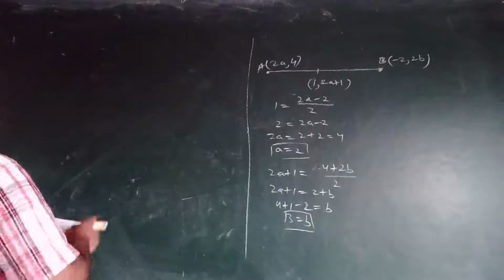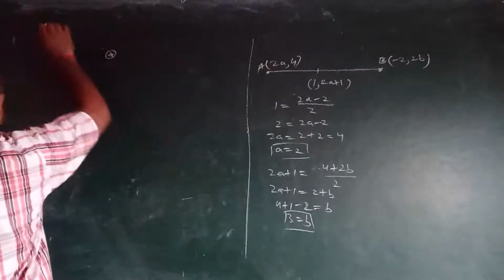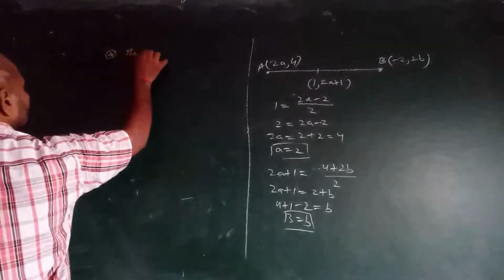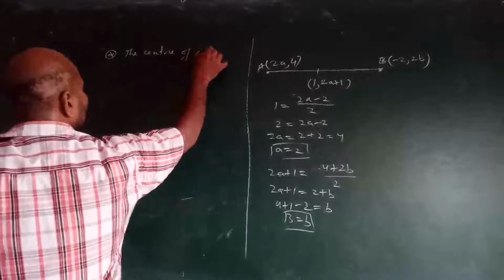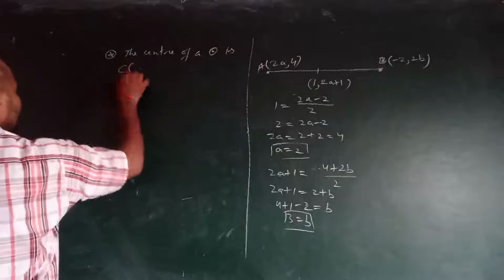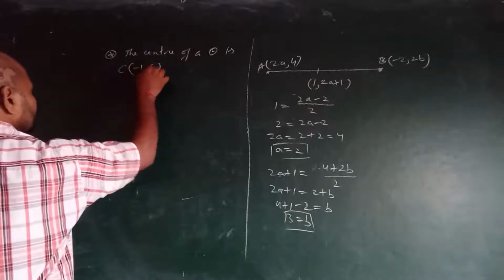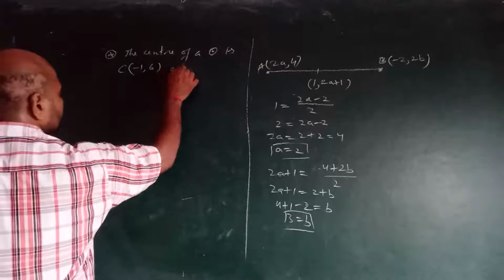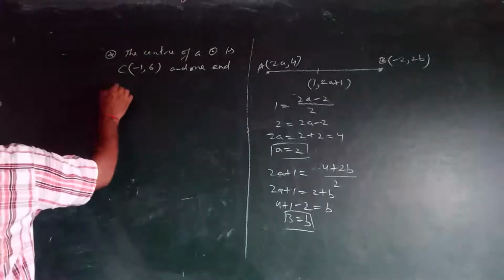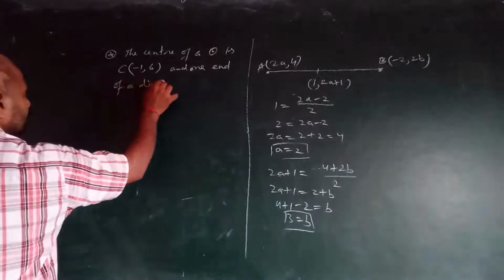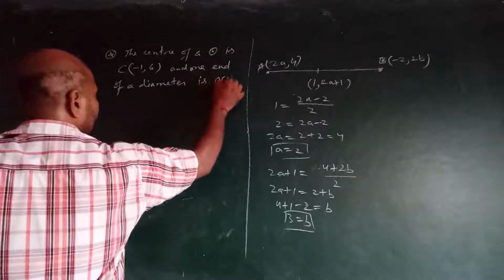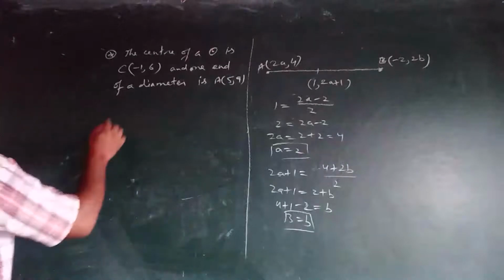Now I am taking another question. The center of a circle is C (minus 1, 6) and one end of a diameter is A (5, 9).